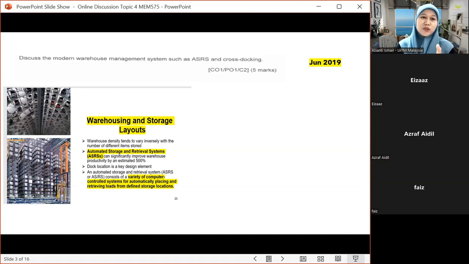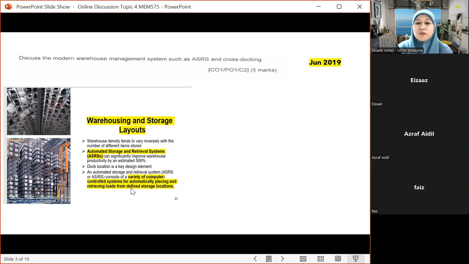So if we use humans, it's going to take lots of time to find a forklift and then find the location. But by using ASRS, it helps to improve the productivity 500%. Can you imagine that, 500% if you use it? Okay, so imagine if you have a very big warehouse, so you need to have the ASRS, not a manual system. A variety of computer control systems for automatically placing and retrieving.